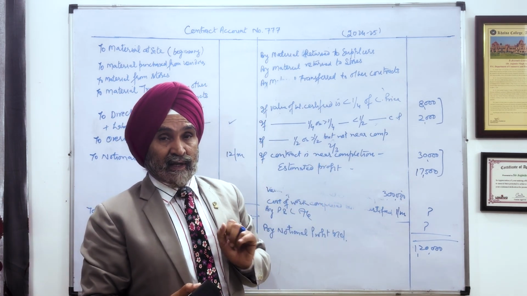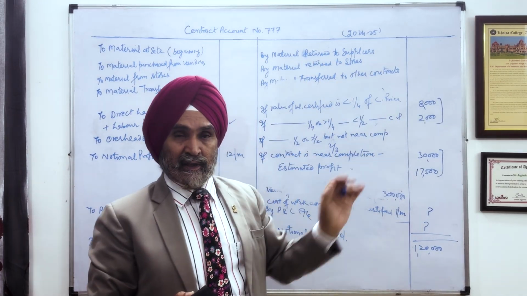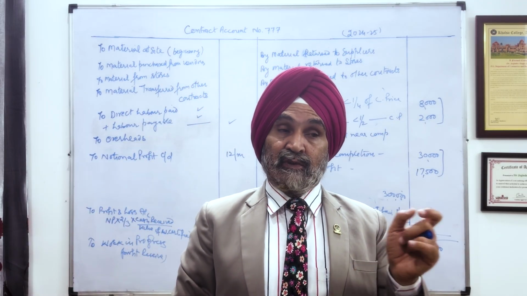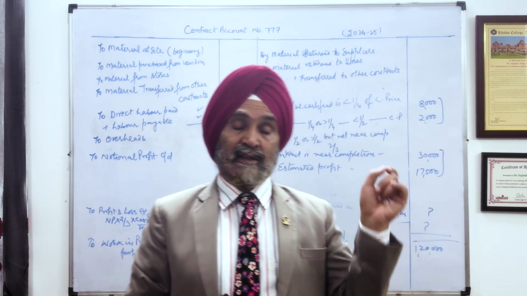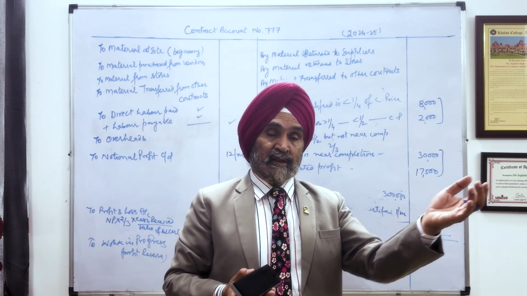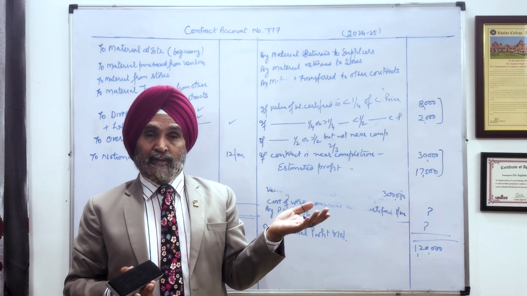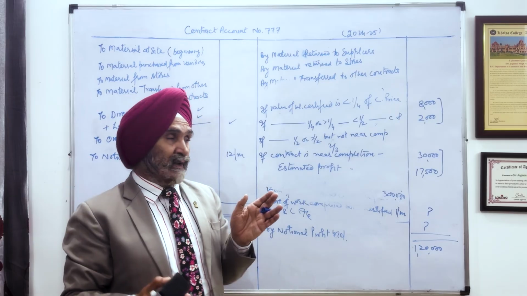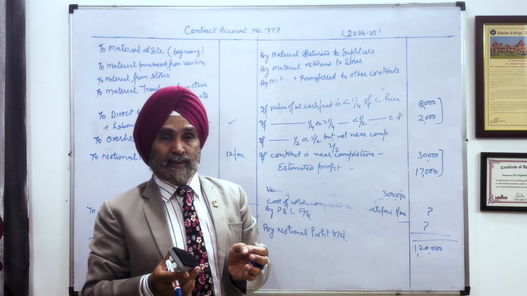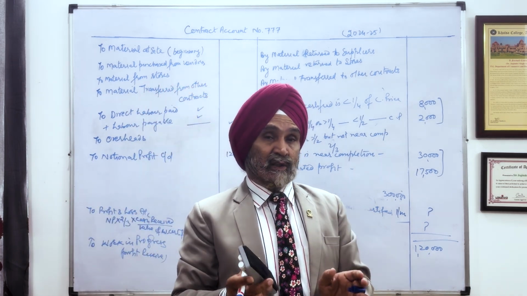A date will be given. For example, we are preparing our accounts till 31st March 2025. After 3 months or after 6 months the contract will complete, and the expenses likely to be incurred in the coming 3 or 6 months may also be given. Then we will calculate the estimated profit, and on the basis of it the amount will be transferred to profit and loss account.